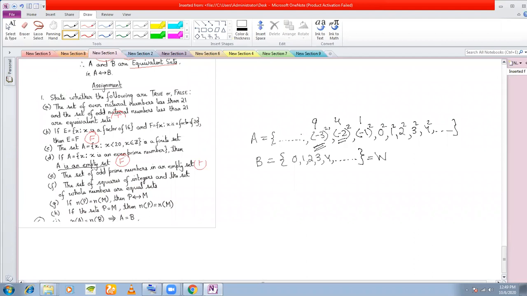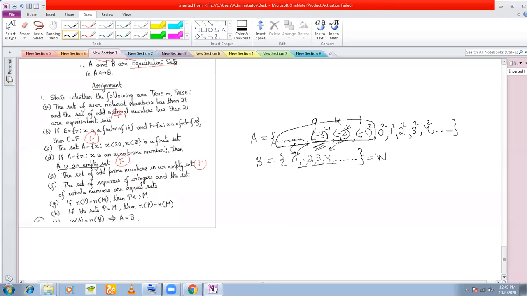So whatever number you get with the squares of the negative integers, even these will be whole numbers. So whatever element you get here will be in this.